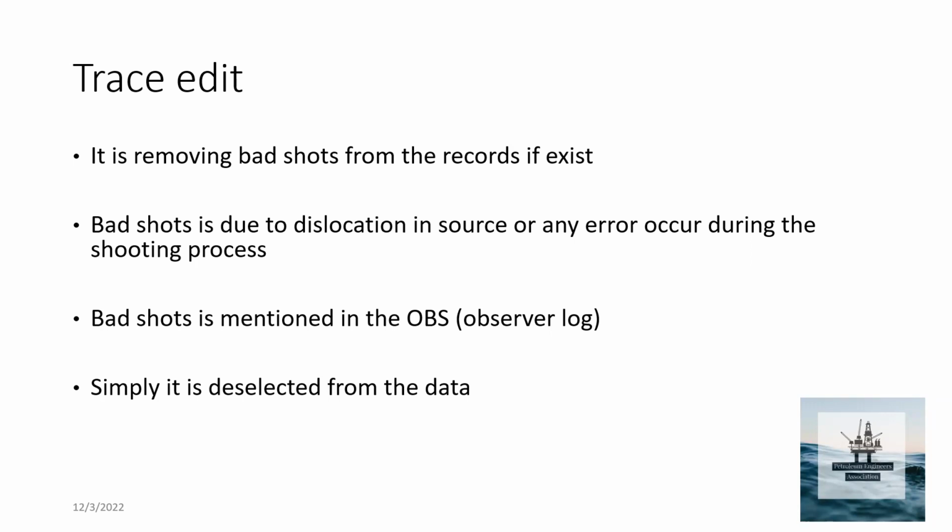The bad shots that we need to remove are mentioned in the observer log. The observer log, simply, is the log showing every single thing that happened for the source and receiver in the field. So in the observer log, it is mentioned if some error happened in the field while shooting.